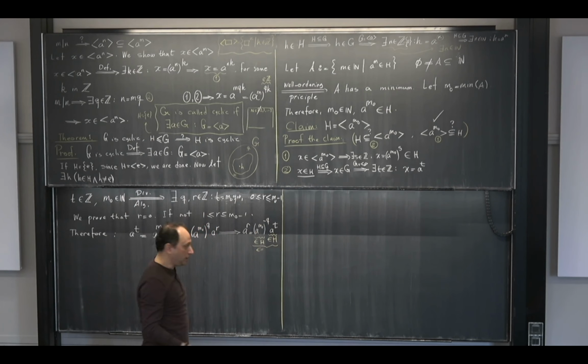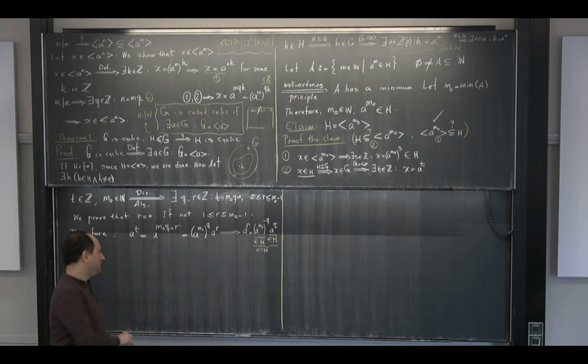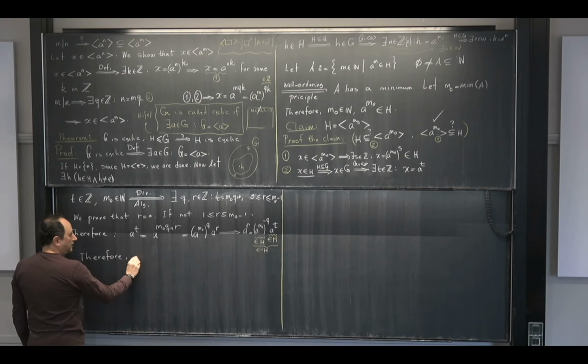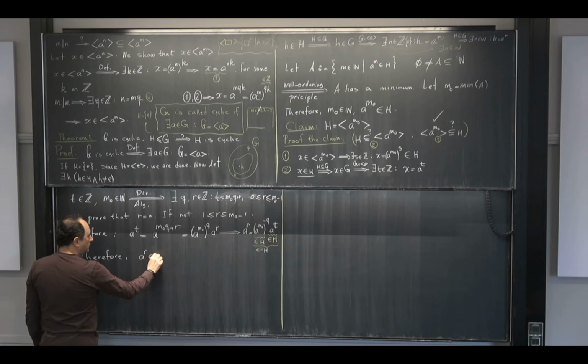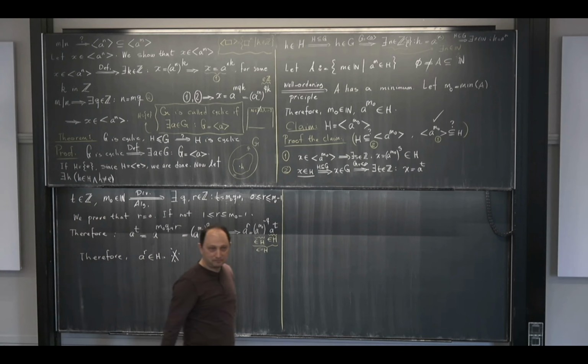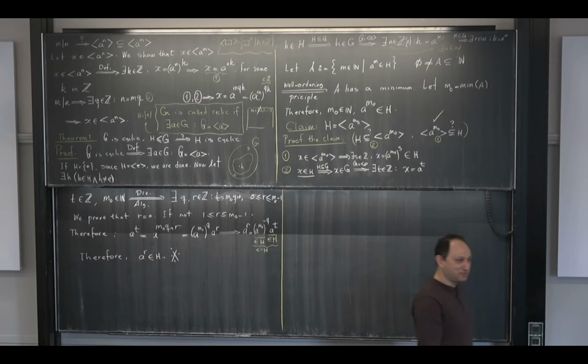In H, because H is closed. But that's a contradiction. Do you see why? So this means, therefore, a to the power r belongs to H. And I would write contradiction. Do you feel why it's a contradiction?